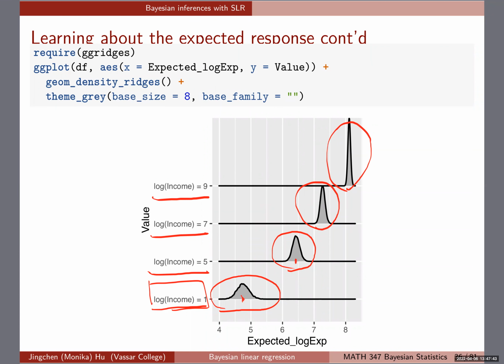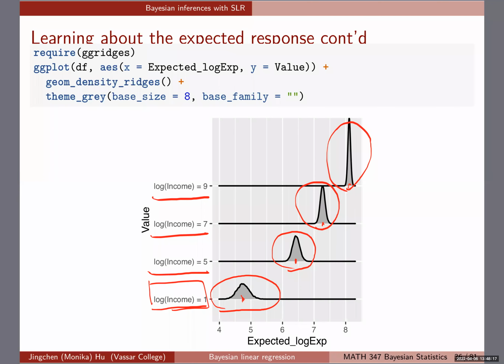And then we get something close to 6.5 for X equal to 5, and a little bit more than 7 for X equal to 7, and a little bit more than 8 for log income equal to 9. Okay, so that probably tells us that beta 1, the slope itself, is positive, because we have this positive effect going on over there. Okay. Any other comments or questions about what we're seeing?